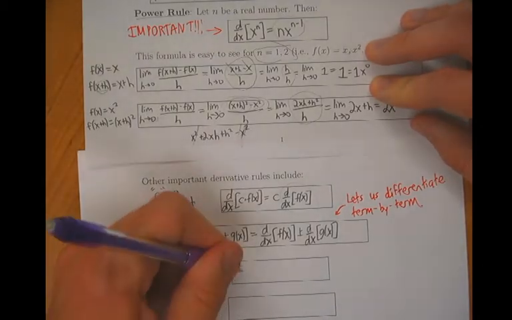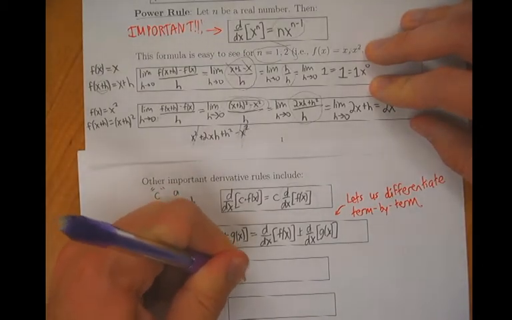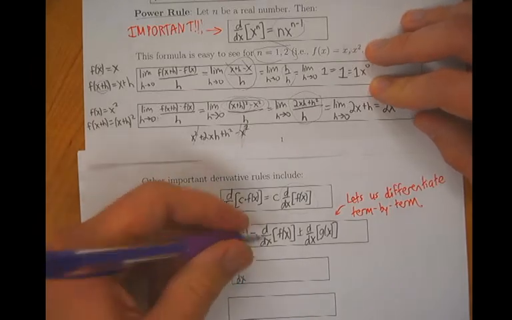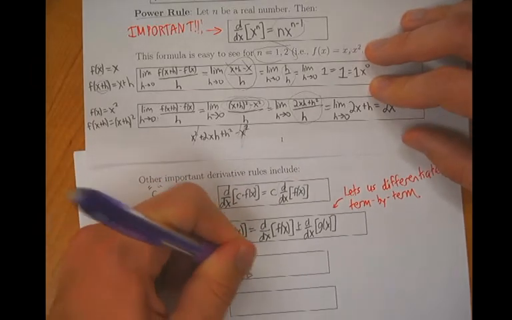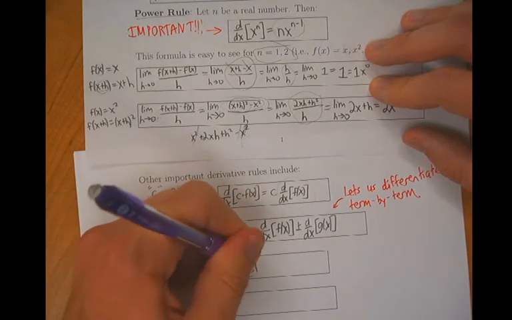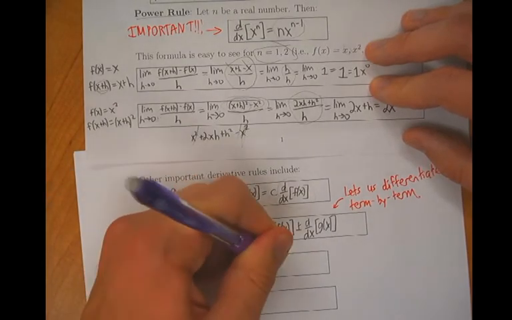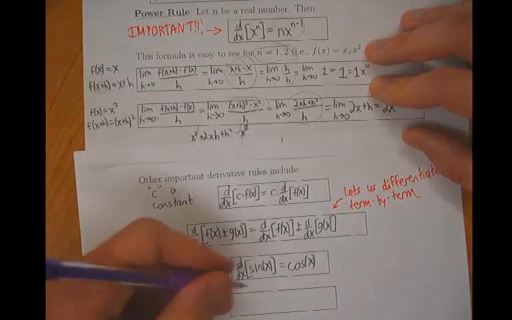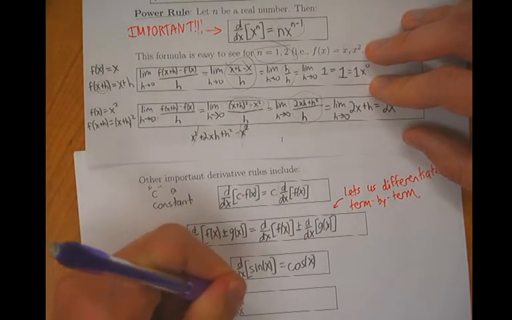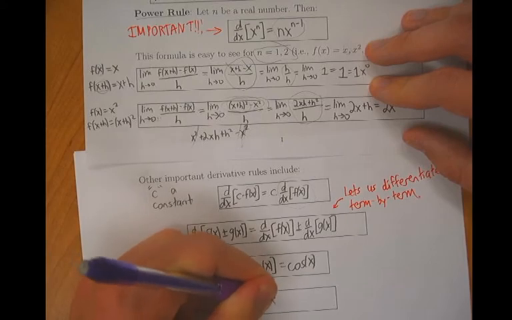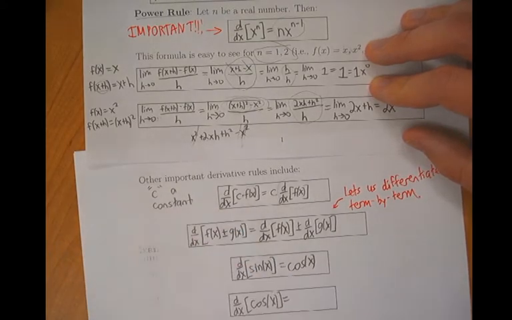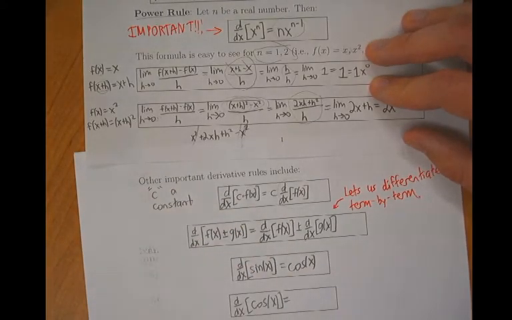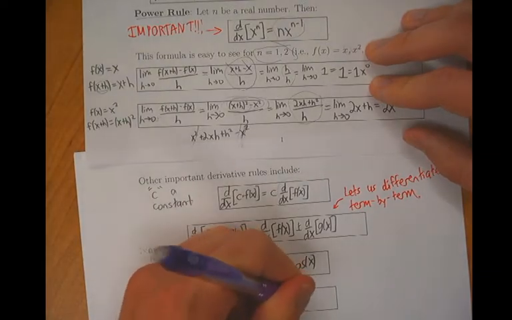And then three others are for derivatives of more explicit functions. Namely, we have the derivative of sine of x equals cosine of x. The derivative of cosine of x is almost sine, but you actually have to tack on a negative, so you have negative sine of x.